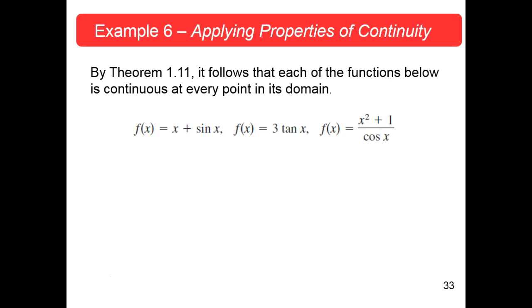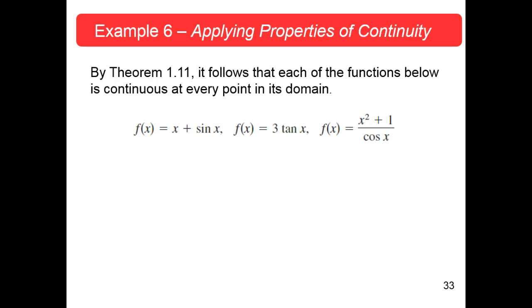How about this one? X equals 0. What about x equals 0? Is that defined or not defined? Oh, yes it is. Cosine of 0 is defined. Cosine of 0 is 1. So yeah, that's fine there. Cosine is defined everywhere. But what can you not have in a denominator? 0. And where is cosine 0?